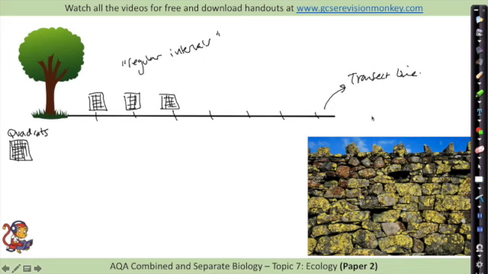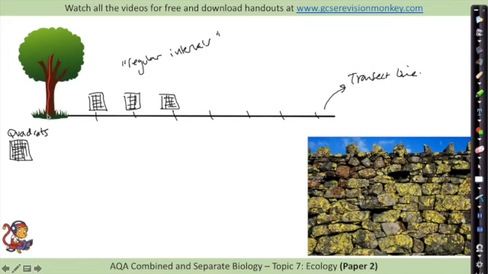Not only could you do that horizontally, you can also do transects vertically, for example up a tree. You could lay a piece of string or a measuring tape up a tree and sample something like leaf size or lichen cover as you go up the tree.